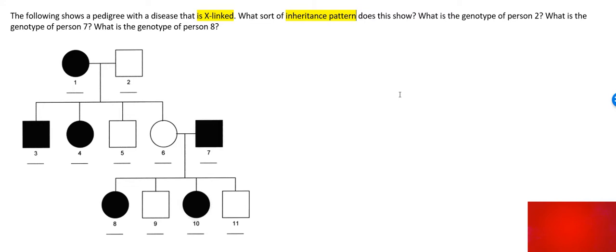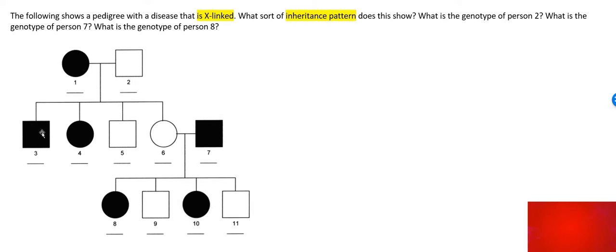So step two to solving any pedigree problem is to look for any carriers. It's not really telling me anything about carriers, so I can skip that part. The next thing you need to look for is: is it in every generation, or is it skipping? Here in generation 1, we have at least one affected person.